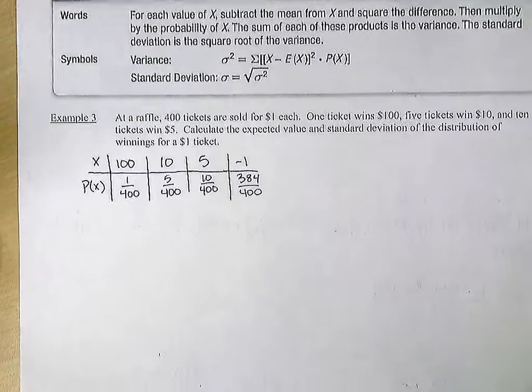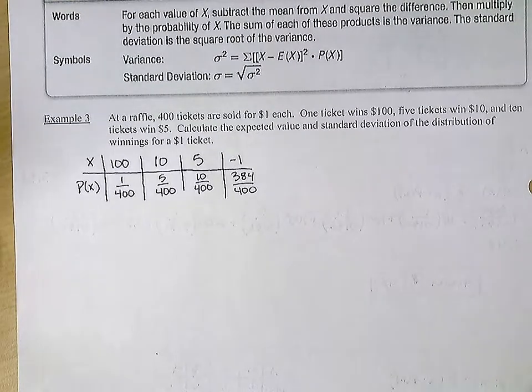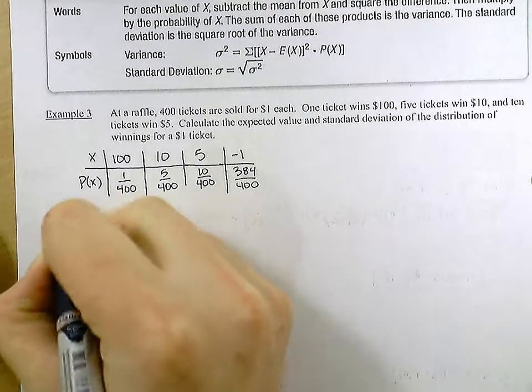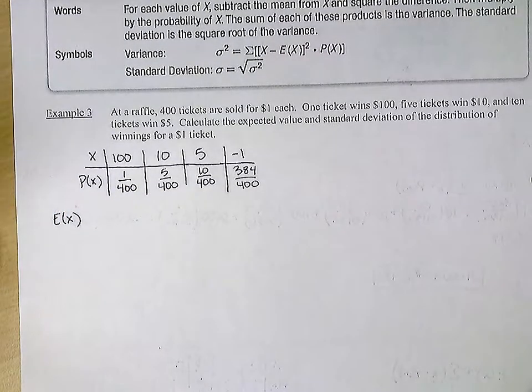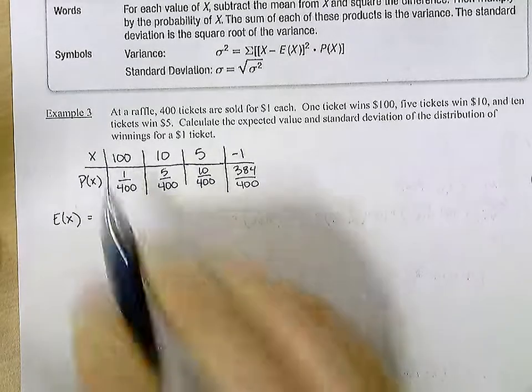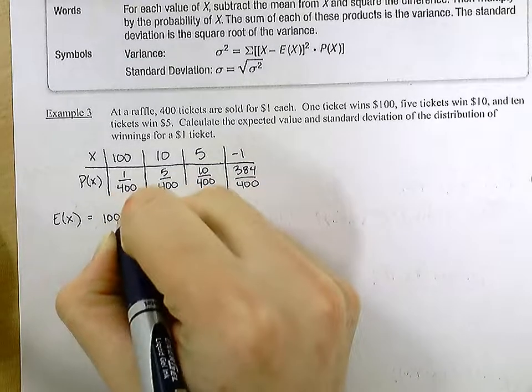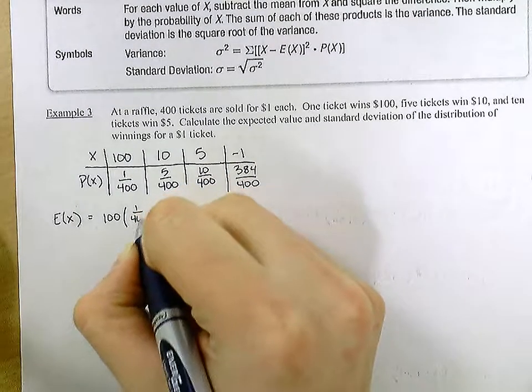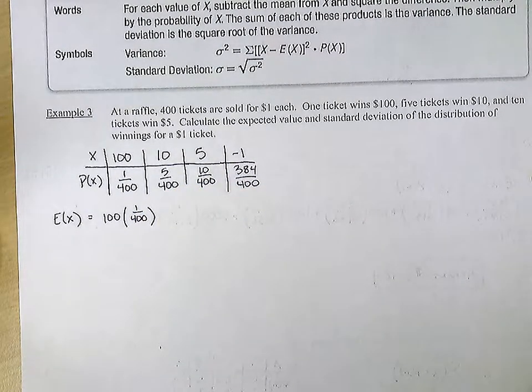Okay, so next, in order to calculate the standard deviation, we need to first find the expected value. Just like what we did on the front, we're finding the expected value of x. So to do that, we need to take that x value, which is 100, multiplied by its probability, so 1 over 400, then add on the rest.